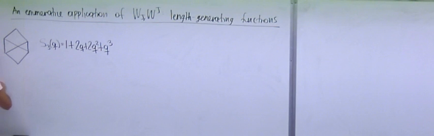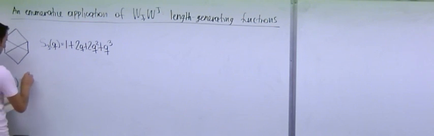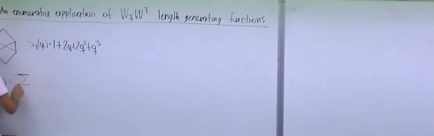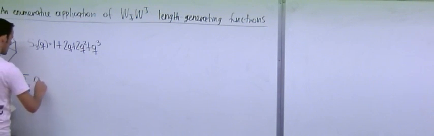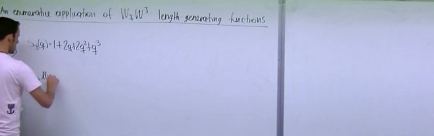So in general, I'm going to make a polynomial. This might be a polynomial, or actually it would be infinite if the group is infinite. But what I'm going to do is sum over all the elements of my Coxeter group, Q to the length of the element.